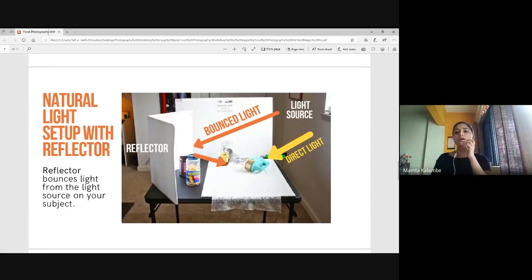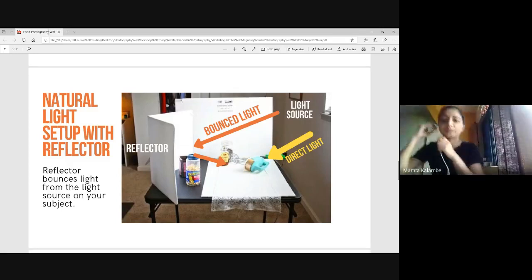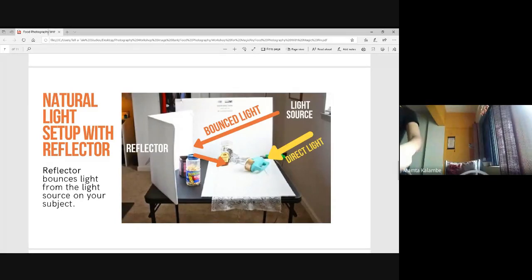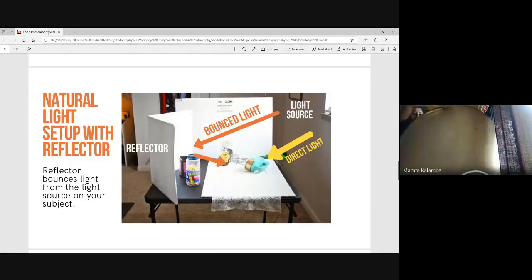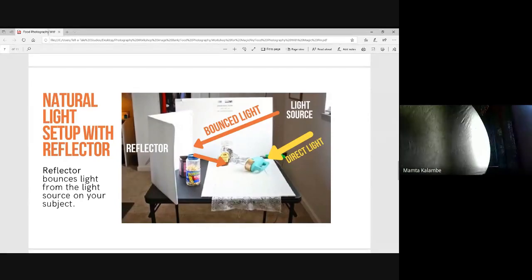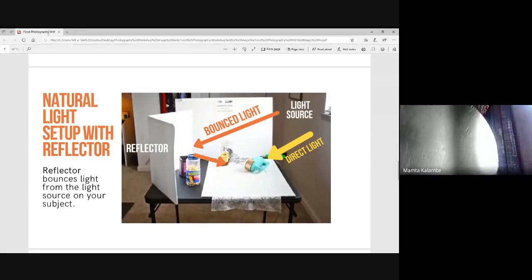So I'm just going to show you the reflector here very quickly. I hope everyone can see, this is a really huge reflector that I have.